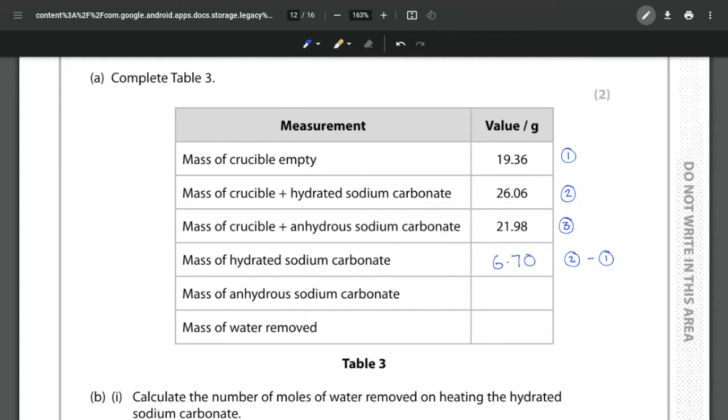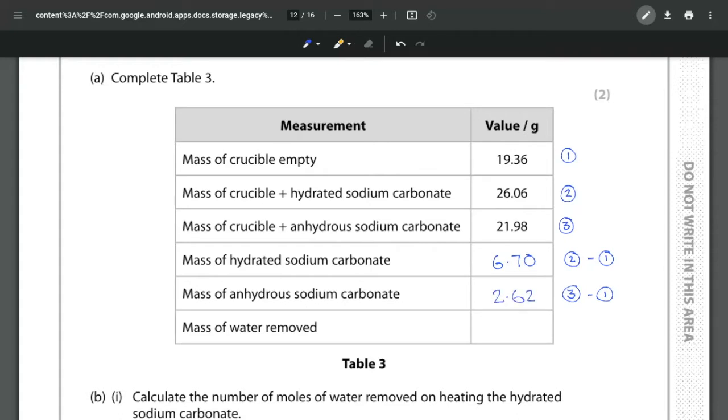And it's very important that you put the 0. If you write 6.7, you will not get the mark. Everything else in this table is to 2 decimal places, so your answer must also be to 2 decimal places. To calculate the mass of the anhydrous, we're going to take number 3 and subtract number 1, because again, that's the crucible and the anhydrous minus the crucible, and that gives me a value of 2.62.